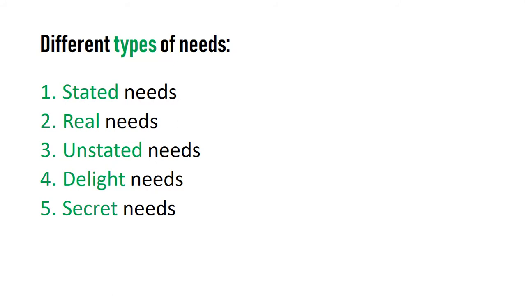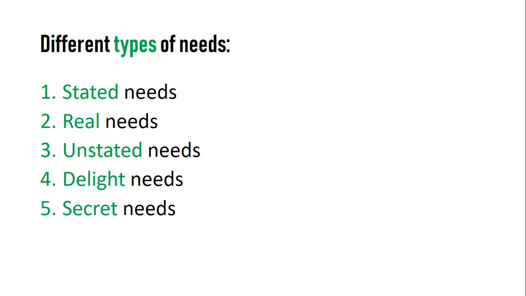So now we'll be talking about the secret needs. So what are the secret needs? The consumer wants friends to see. For example, these secret needs are the envy and ego that is within you. For example, you want to show the society that you have a very good car and you bought it. That is the secret needs.